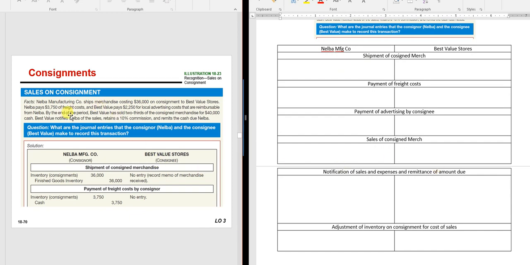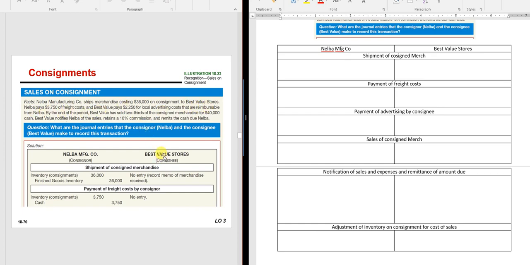Nelba Manufacturing ships merchandise costing $36,000 on consignment to Best Value stores. Make sure you get that the consignor is Nelba. The consignee is Best Value. So the manufacturer has inventory of $36,000 and they pay freight on it. Best Value pays $22.50 for advertising costs that are reimbursable from Nelba.